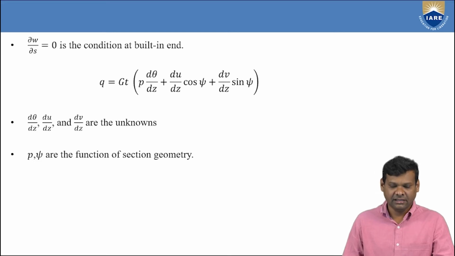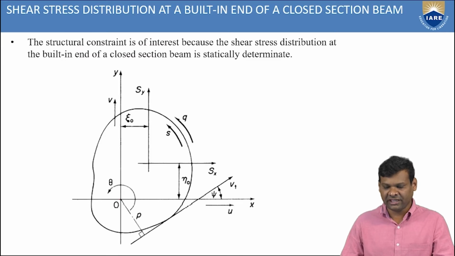And finally, at the built-in condition, the condition is that dou w by dou z is equal to 0. Literally what it means is that the displacement associated along the w direction is 0, that is, there is no longitudinal displacement. This is the figure which you can understand. S is some arbitrary distance taken at some arbitrary point.